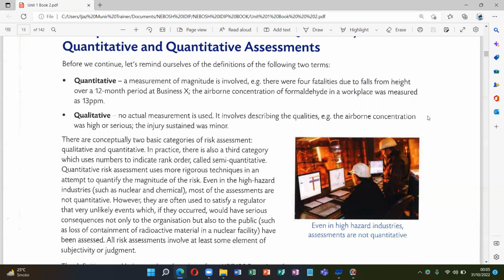The airborne concentration of formaldehyde in a workplace was measured as 13 ppm. Qualitative: no actual measurement is used. It involves describing the qualities. The airborne concentration was high. The injury sustained was minor.